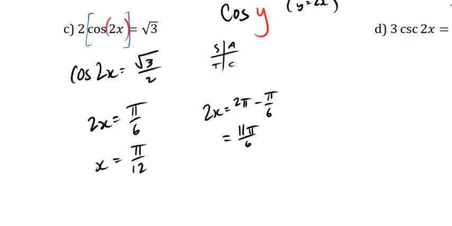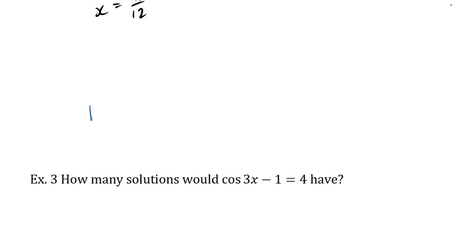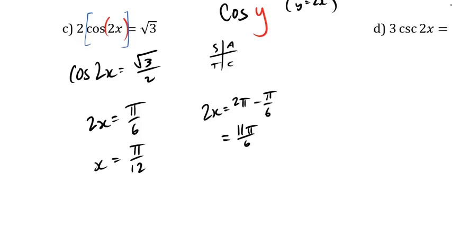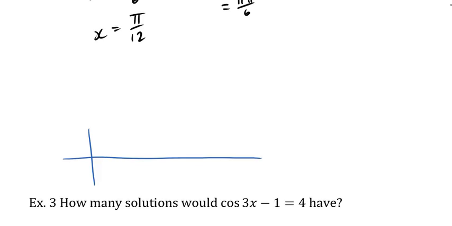Put your pencil down and watch. There's one problem here. What is cos 2x? That's a cosine function with a horizontal compression. So if this is 2 pi, here's what cosine would look like, something like this.